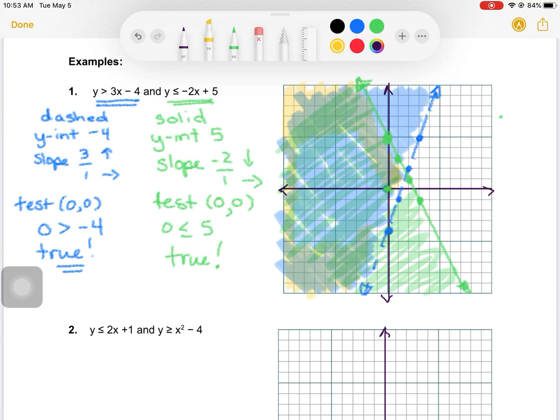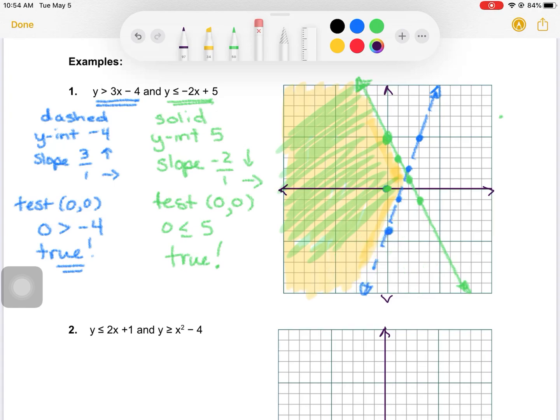If we were doing this with a pencil back at school, I would tell you to go back and erase this shading and this shading in that area.